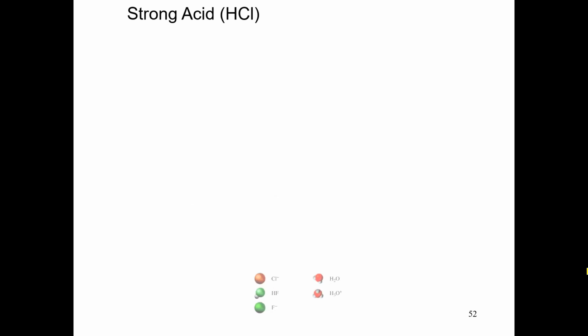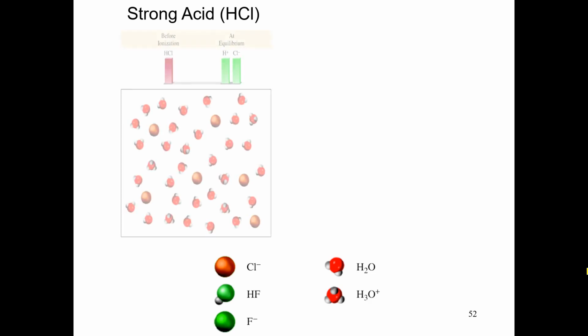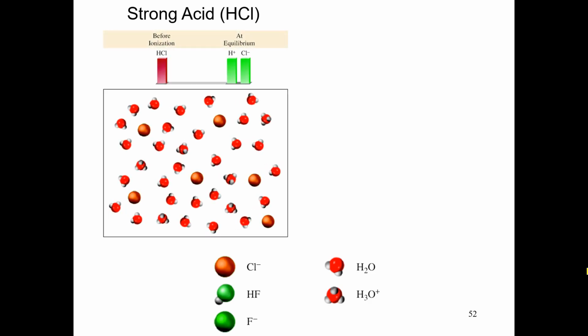Let's look at a strong acid, and let's say we're going to represent these species here. You can see the little legend on the bottom there. On the left side, you can see the ionization of a strong acid. So at the moment that you start, you have all HCl, and at equilibrium, you have equal concentrations of hydrogen and chloride ions.